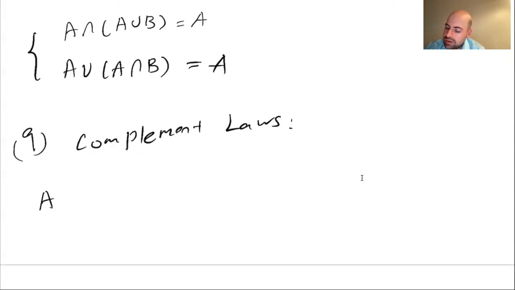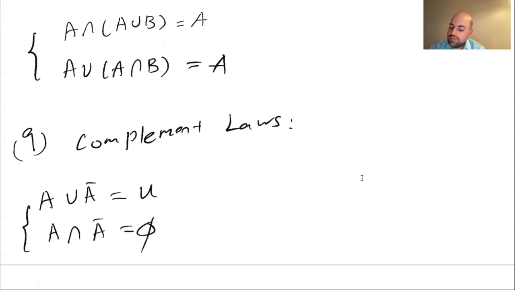This one says A union A complement is U, and A intersection A complement is empty set.